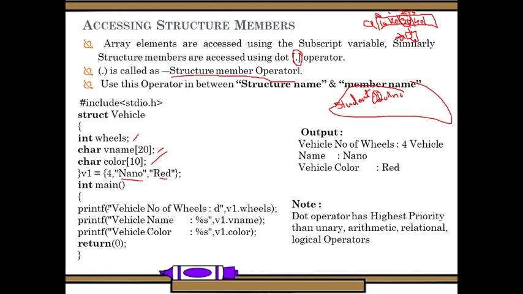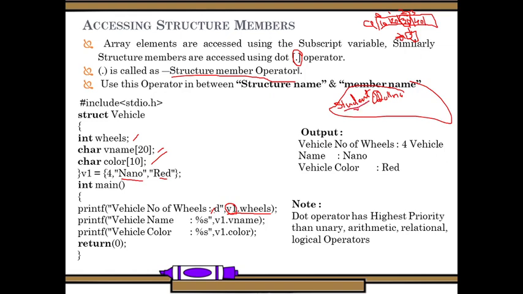Then to print that value, for the number of wheels we have to use %d. So v1.wheels. Why is it v1? If you are not using any structure variable, then you can use the structure name directly.